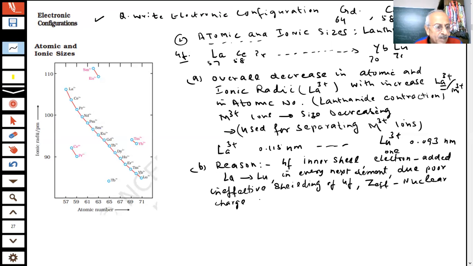Nuclear charge is more, students, and therefore what will happen? There is a contraction in size, and that is what we call lanthanide contraction.